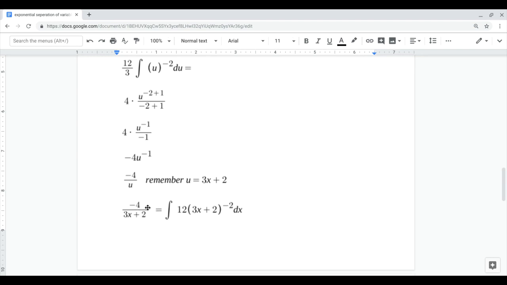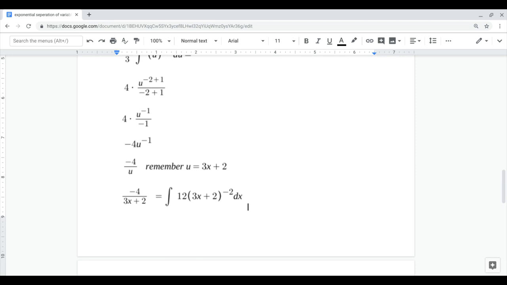Negative 4 divided by (3x + 2) is equal to the integral of 12 times the quantity (3x + 2) to the negative 2 power dx. And now that we have both sides integrated, we can solve for c, since this should be negative 4 divided by (3x + 2) plus c, since this was an indefinite integral.